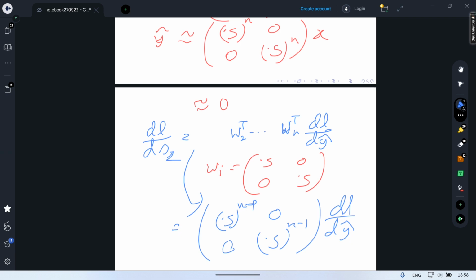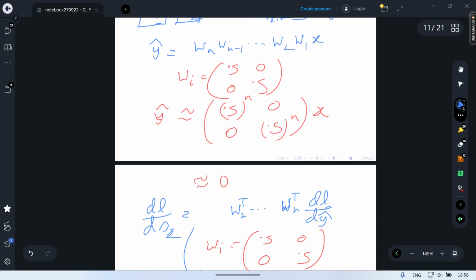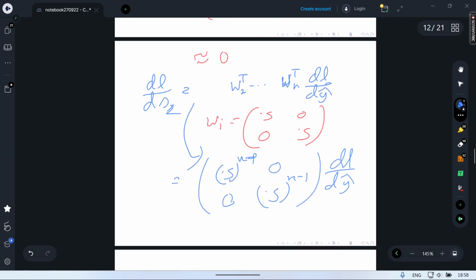So as you can see, if the matrices are initialized to a very low value, then your output will be close to zero, or the gradient you generate will be close to zero.